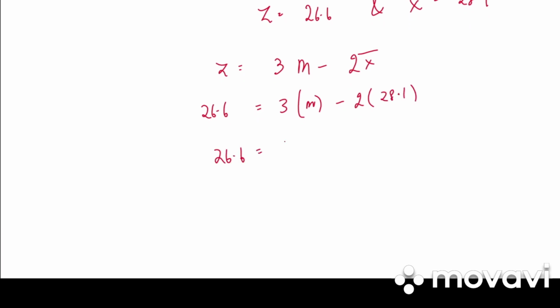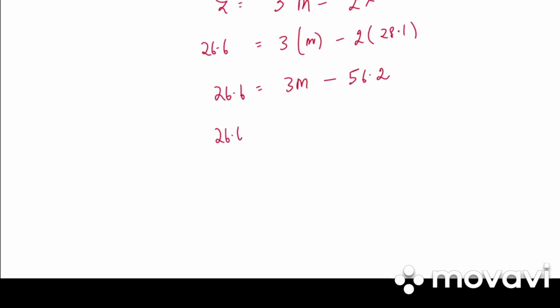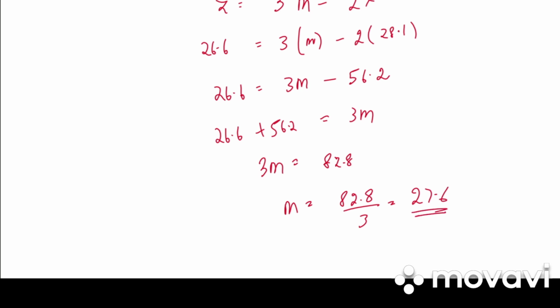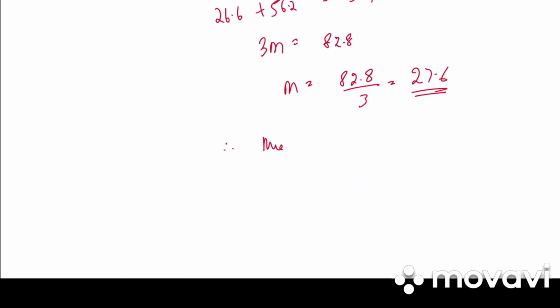So 26.6 is equal to 3M minus 56.2. So 26.6 plus 56.2 is equal to 3M. So 3M is equal to 82.8. M is equal to 82.8 divided by 3, that is 27.6. Therefore, median is equal to 27.6.